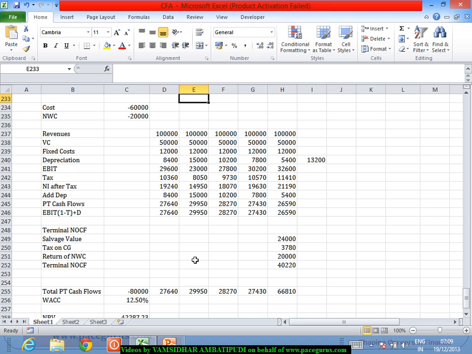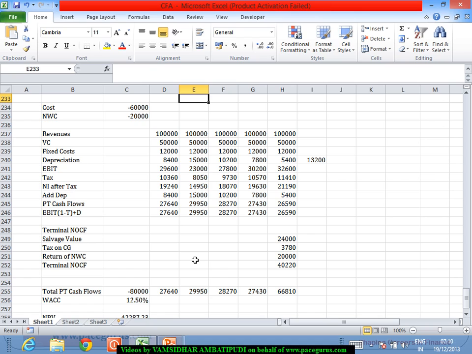And in the terminal year, when we find out the terminal non-operating cash flows, we primarily look at the increase of the salvage value over the existing book value. Corresponding to that increase, we have to pay an additional tax.